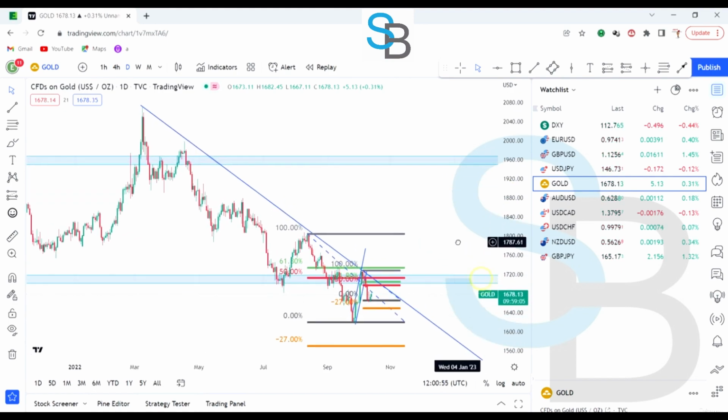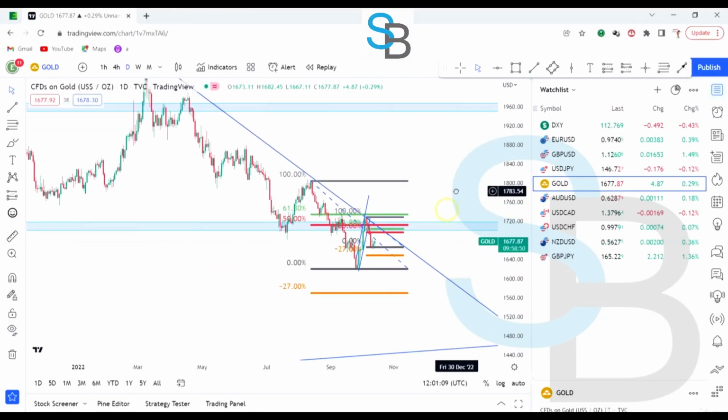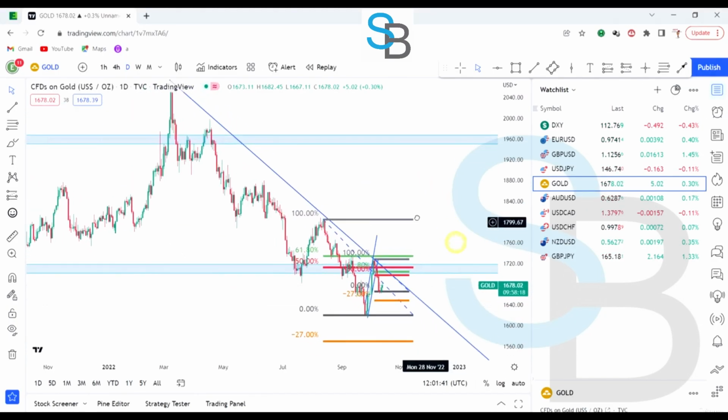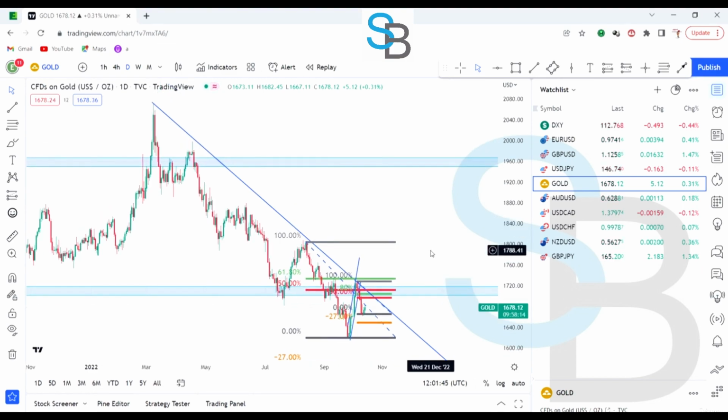So we are getting closer to the parts of the course where we actually trade the market live, with a live account. That's with live money, with real money, not with demo like we've been doing here. So I have two strategies. This video we'll look at the first one, and then in the second video we'll look at another one.